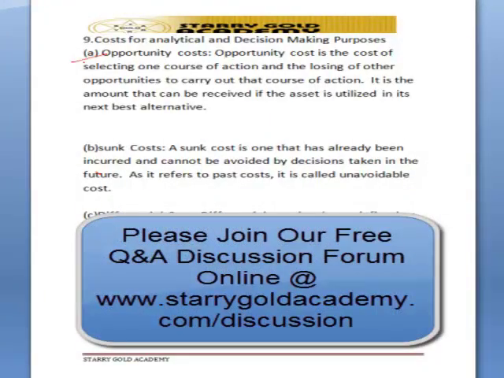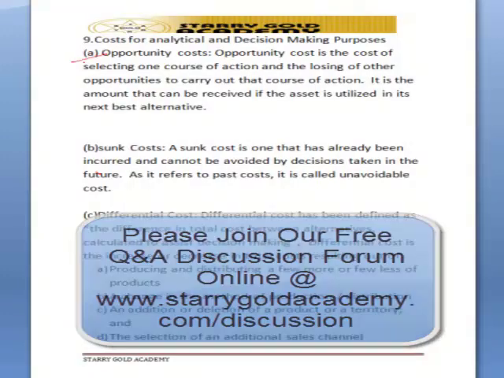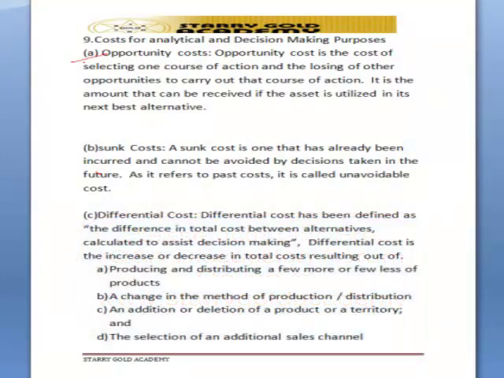It is the amount that can be received if the asset is utilized in its next best alternative. And sometimes, I always say, it is the benefit forgone from the alternative not chosen. It is also termed the opportunity cost. So for analytical decision purposes, we must consider our opportunity cost.